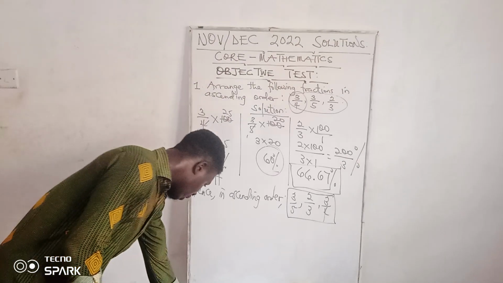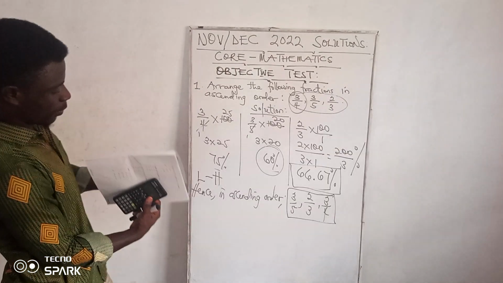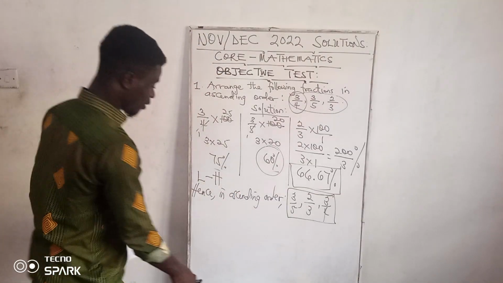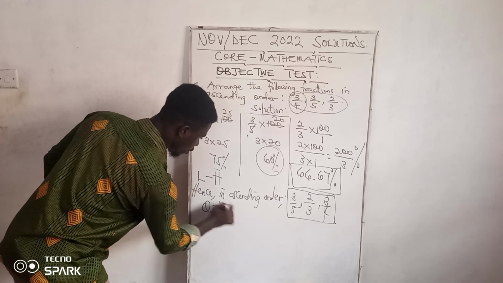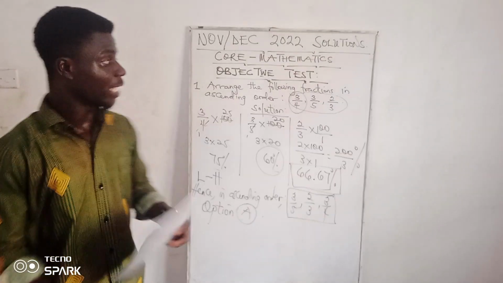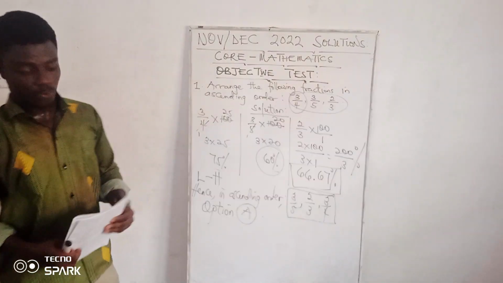So let's see our possible answer for this. Our possible answer is 3/5, 2/3, then 3/4, which is Option A. Option A for apple. So that's how we do it. We do the conversion, right? Okay. So watch it carefully.